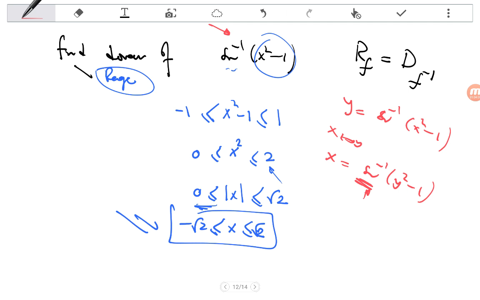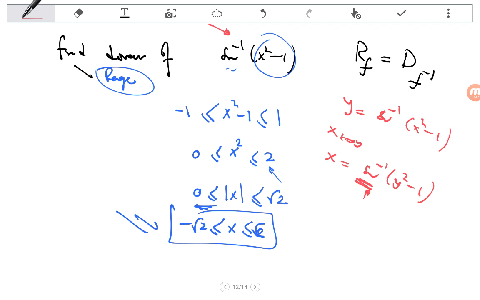Take sine first. Yes, take sine. But the ordinary sine? What is the inverse of sine inverse? Is it the ordinary sine or the restricted sine? It is the restricted sine. Remember that the ordinary sine by itself doesn't have an inverse.